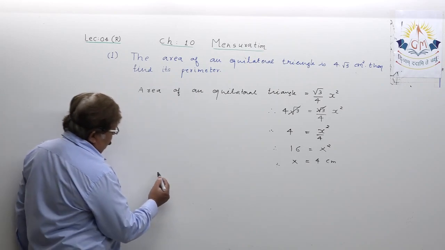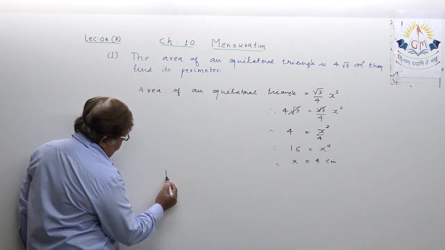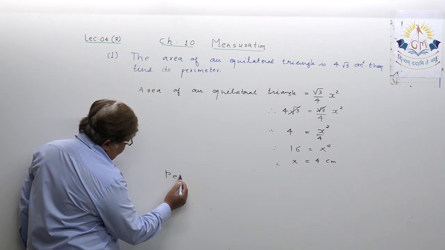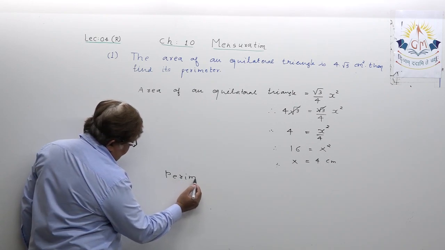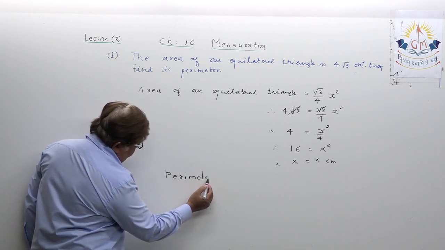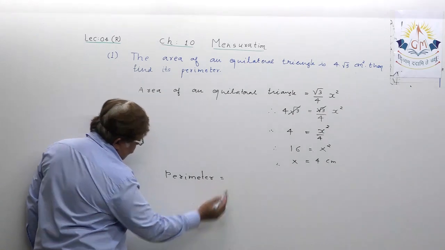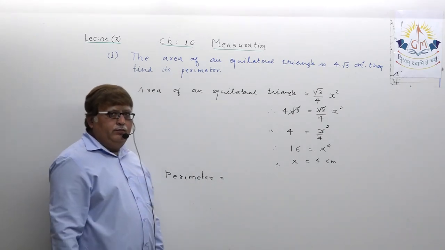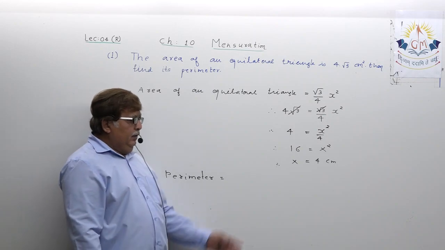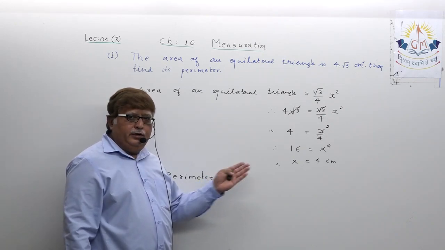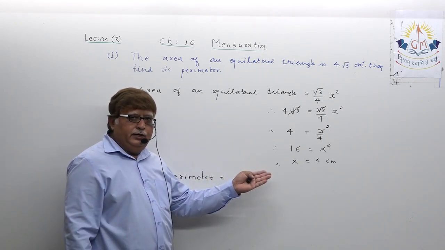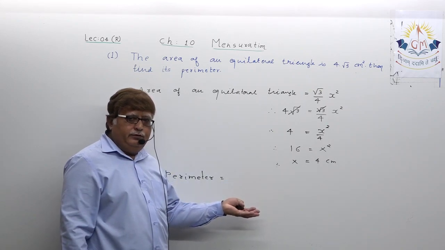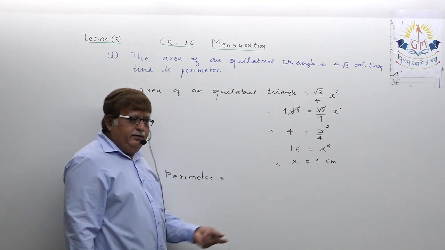Now, dear student, the next statement, perimeter. You all know very well, perimeter means sum of all sides, and in an equilateral triangle, when you get one side, that means you get all sides, because all sides are equal.